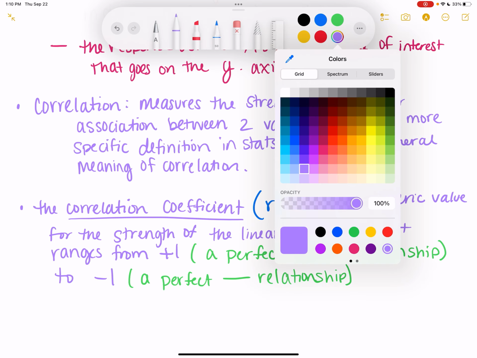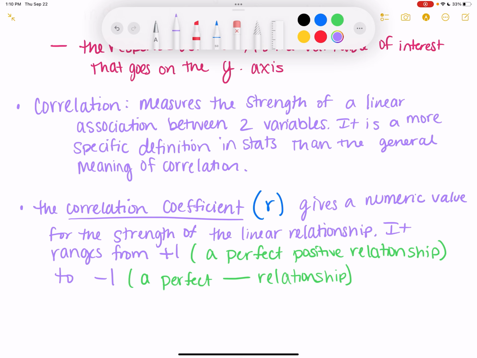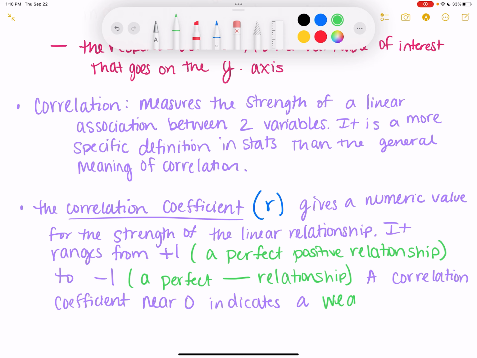and then a correlation coefficient near 0 indicates a weak, or sometimes we would say no evidence of a linear association.